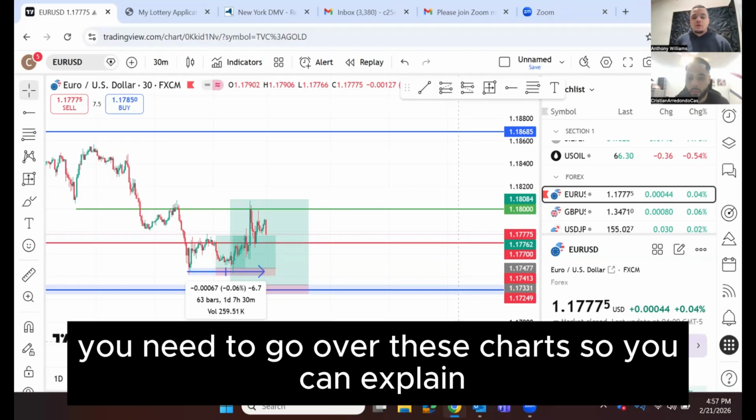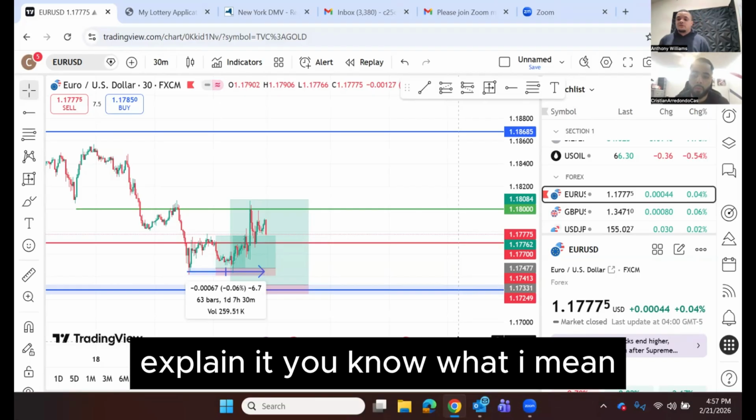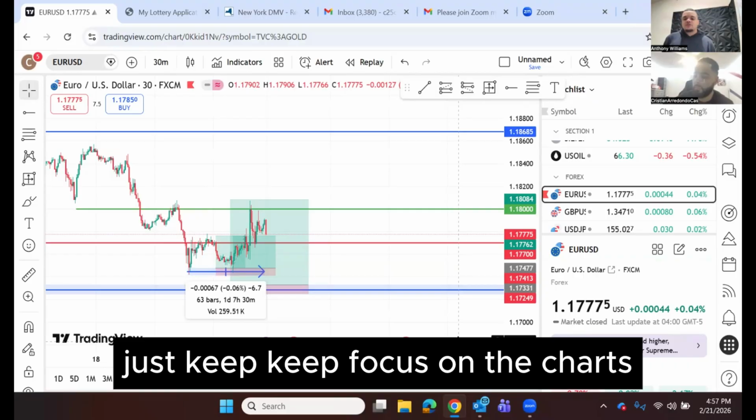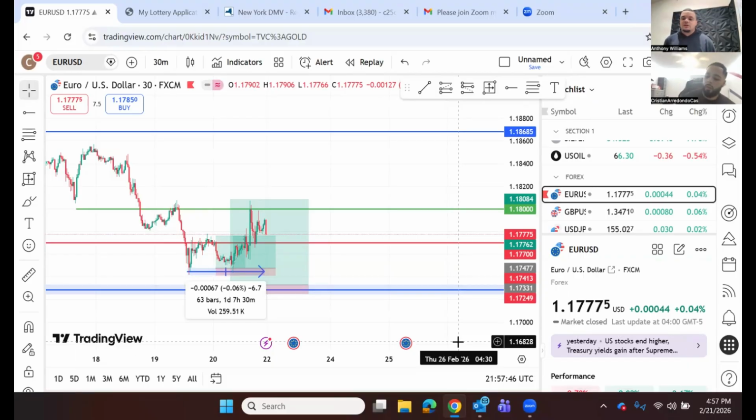So you need to go over these charts so you can explain everything. You've been on the charts well enough. Just keep focus on the charts to where you can explain it to anybody.